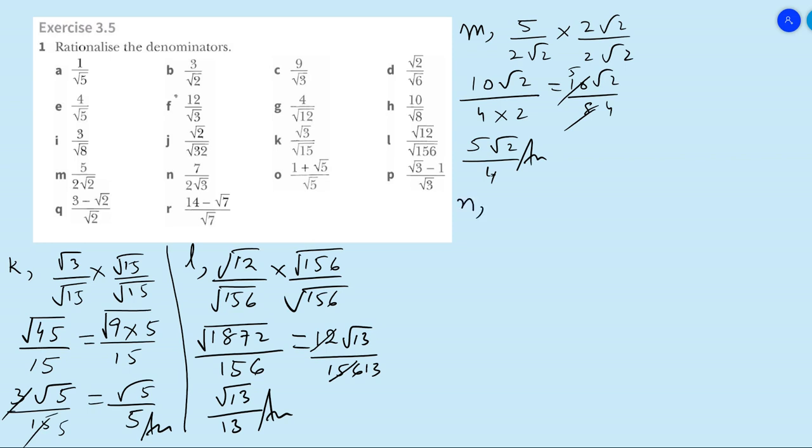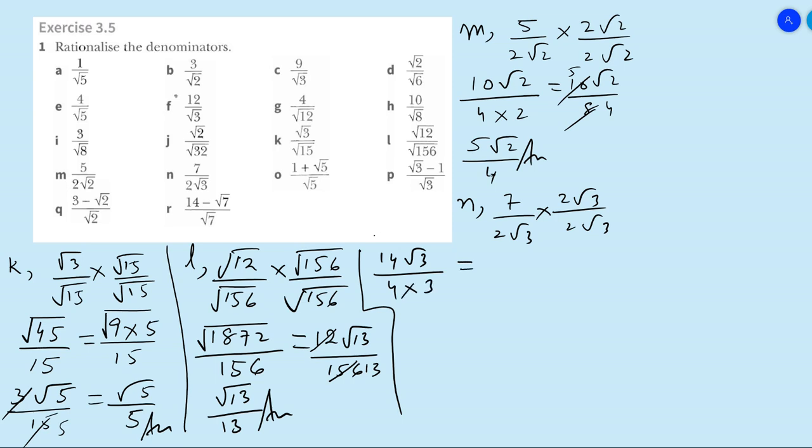Part N is 7 upon 2 root 3. Multiply and divide 2 root 3 by 2 root 3. 7 2s are 14. 14 root 3 upon 2 2s are 4, and root 3 into root 3 is 3. 2 7s are 14. 2 2s are 4.